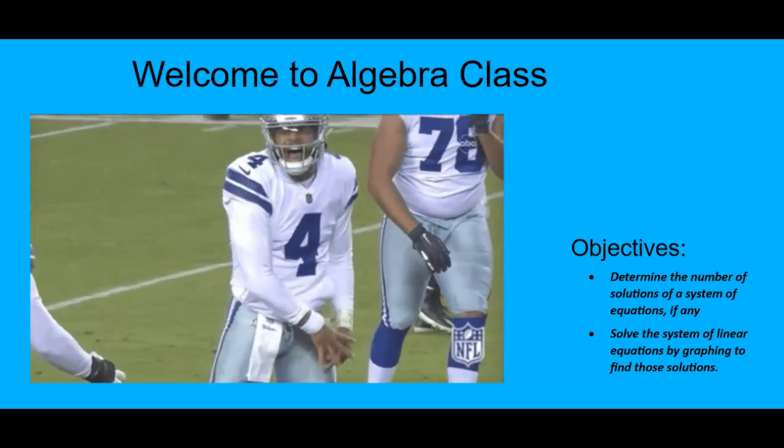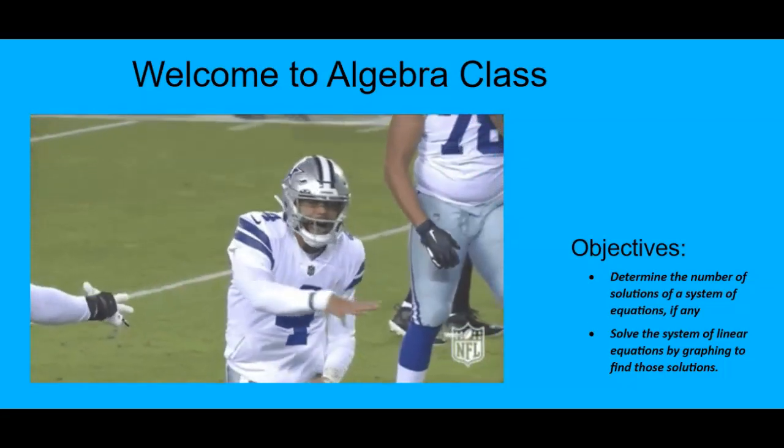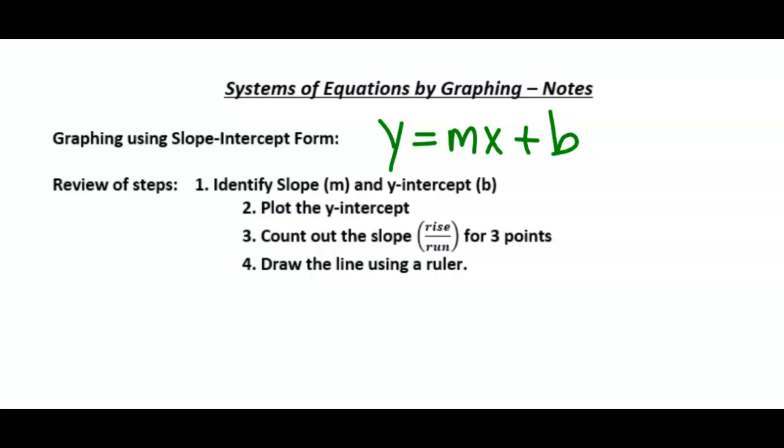So let's get started. Today, we're going to start talking about and reviewing some graphing. Last semester, we learned slope-intercept form. Remember, slope-intercept form is y equals mx plus b, where m is our slope.